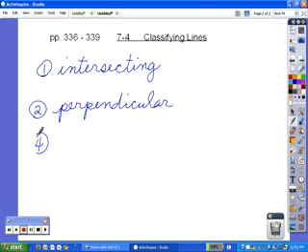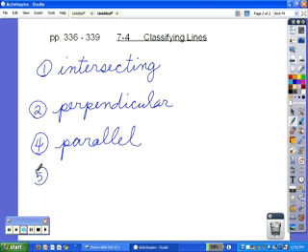In number 4, you see that the two lines are an equal distance apart from each other, and if they continued on, they would never cross, so that would be parallel. Whereas in number 5, the lines are in two different planes. They would never cross each other, but they're also not parallel to each other, so that would be skew.